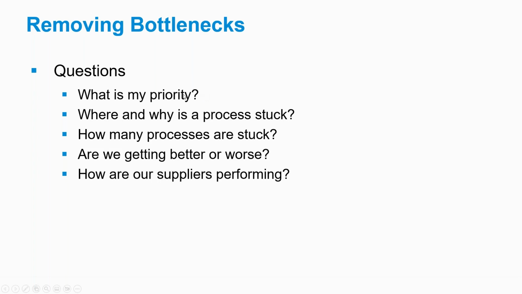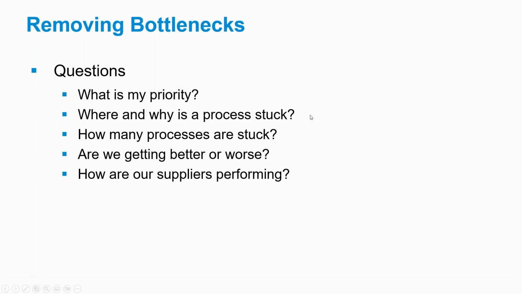So when we're trying to remove bottlenecks, well, first we need to make sure what really is a priority versus what isn't, because if we can't eliminate a bottleneck, we have to make sure we put things in the right priority, first in, first out kind of thing, right?